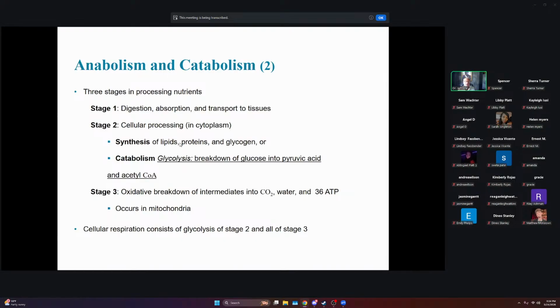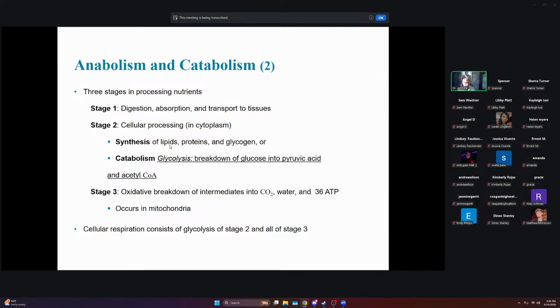Remember, that's that liquid-like gel inside the plasma membrane that holds all the organelles and gives the cell its shape. So stage 2 occurs in that cytoplasm. And this is where those monomers can be resynthesized. They can go through anabolism and go from an amino acid and be resynthesized into a full protein for the purpose of tissue repair.